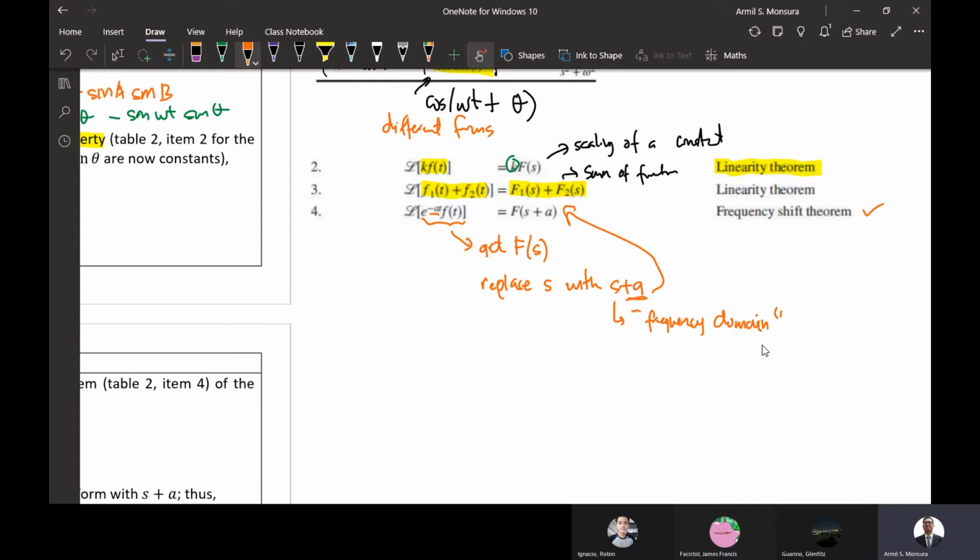Okay, pero more or less, we can consider s to be in frequency domain. So, ayun. Since yung s, yung frequency domain variable niyo, dadagdagan nyo ng constant, that's called shifting. Kaya that is why, tawag sa theorem na to is frequency shifting. Okay? So, yun na nga.